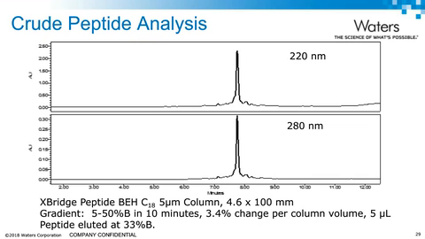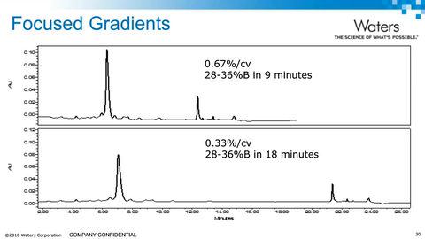When I focused the gradient, I noticed that I was able to pull out a couple of small eluting impurities on either side of the peptide of interest at about 6 minutes. Focusing further pulled those impurities even further away, making it more readily possible to get pure product when I scaled up to prep.